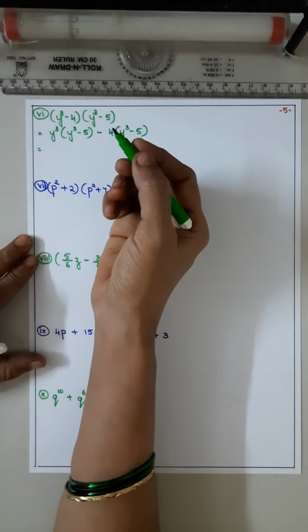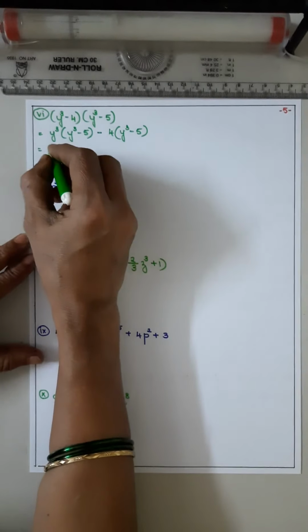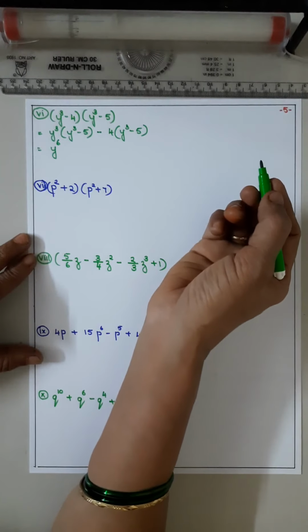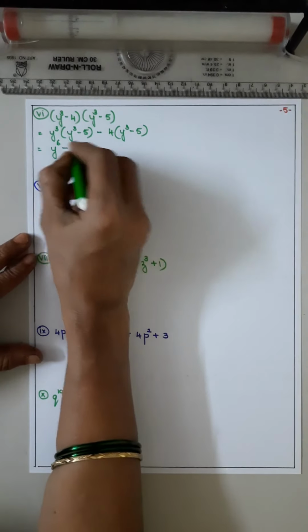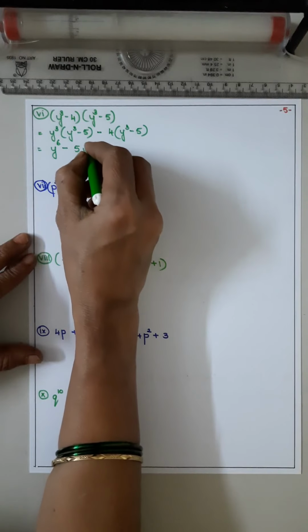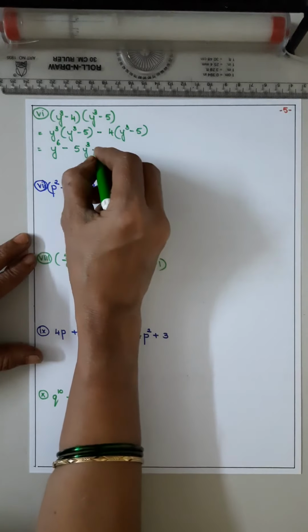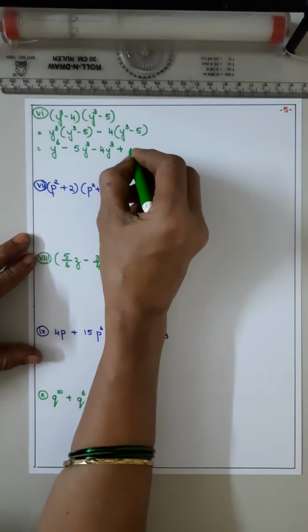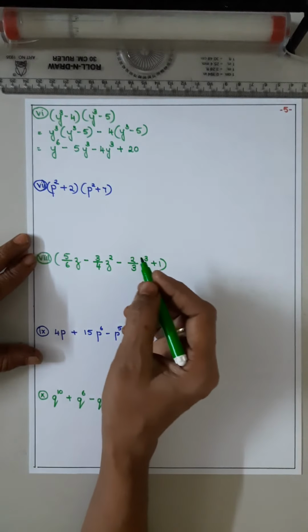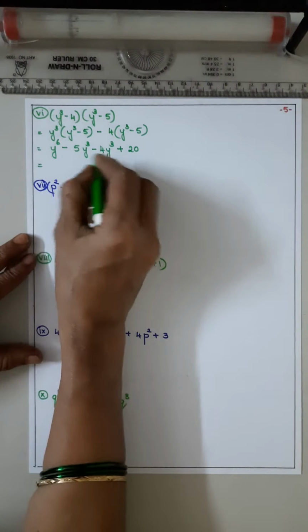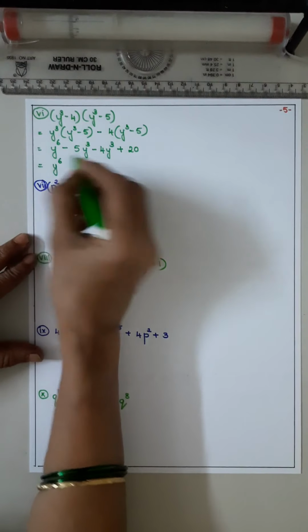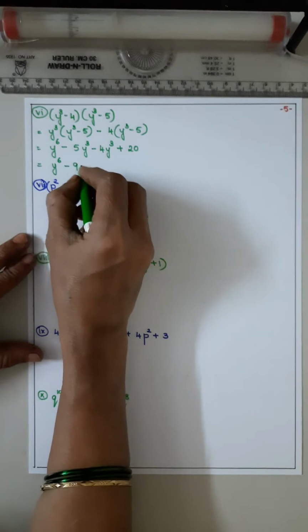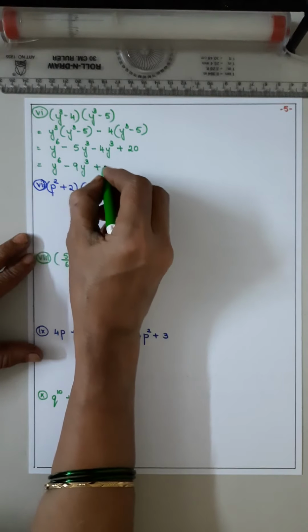Now y cube, so you have to multiply, you have to add the powers, it became y to the power 6 minus 5y cube, now minus 4y cube, minus becomes plus 20. 4 5s are 20. So now this we have to solve. y to the power 6 minus 5 minus 4, minus 9 y cube plus 20.